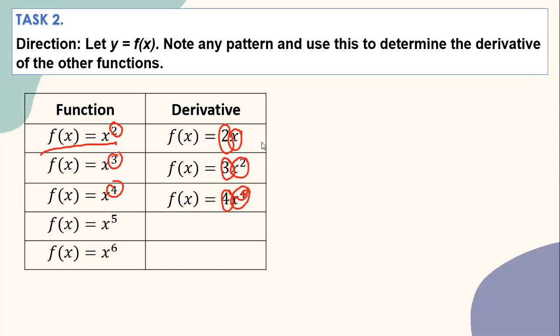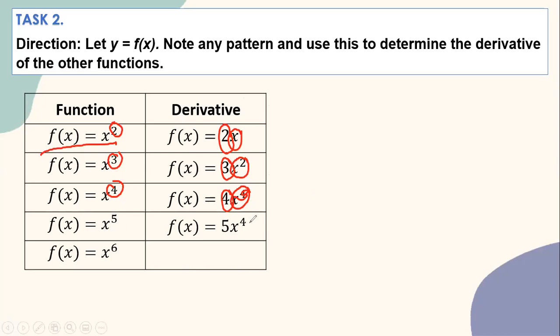So, now we have the derivative of f of x is equal to x raised to 5. We get 5 yung exponent. So, ang magiging coefficient niya ay, maybe 5. Let's find out. So, 5x to the fourth. Kung mapapansin natin yung exponent natin, saan nakukuha yung exponent?